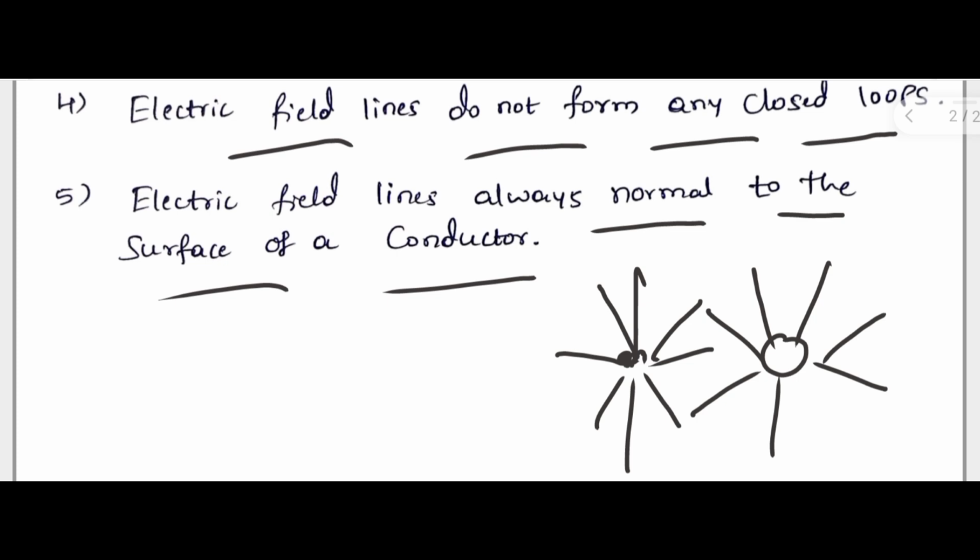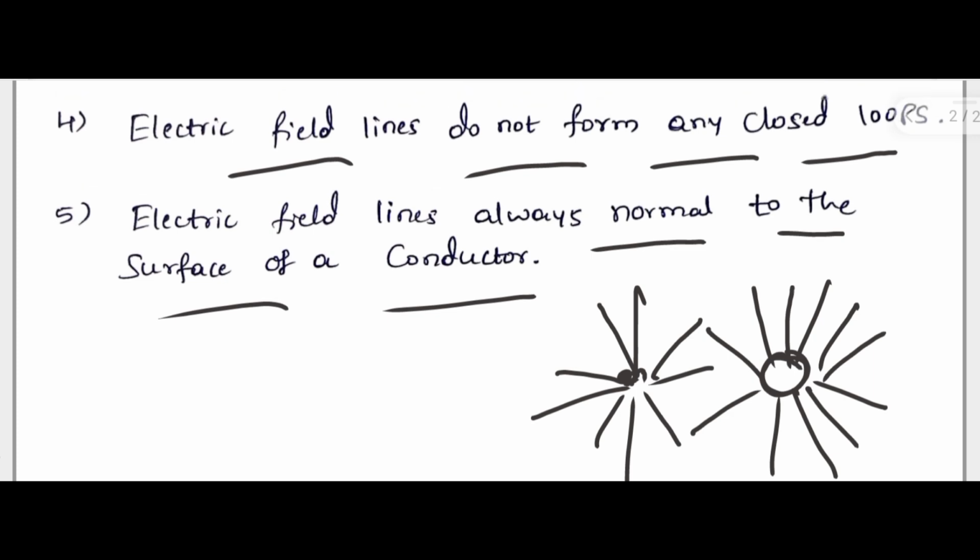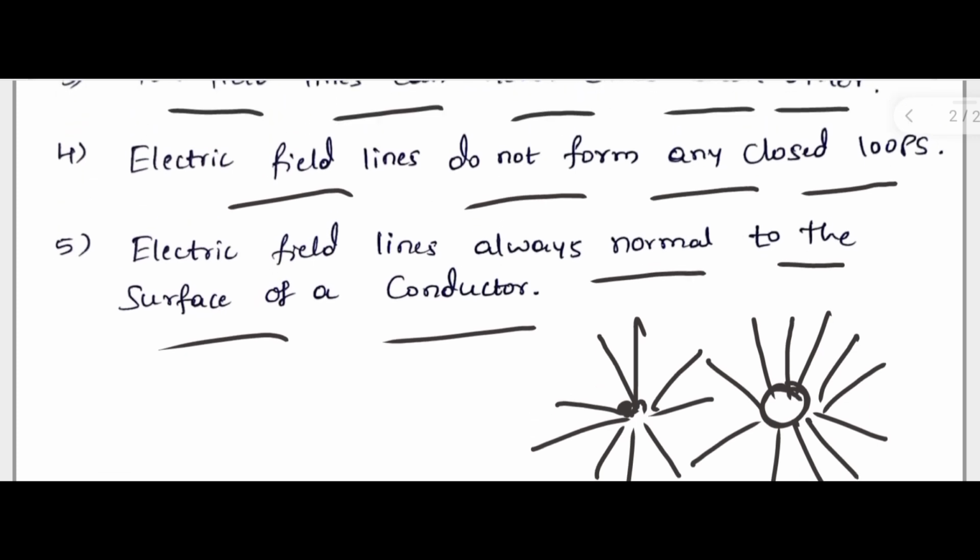Normal means perpendicular to the surface of the conductor. You may draw a field line at any position on the surface of the conductor, here or anywhere, and each line you draw makes a normal angle to the surface.